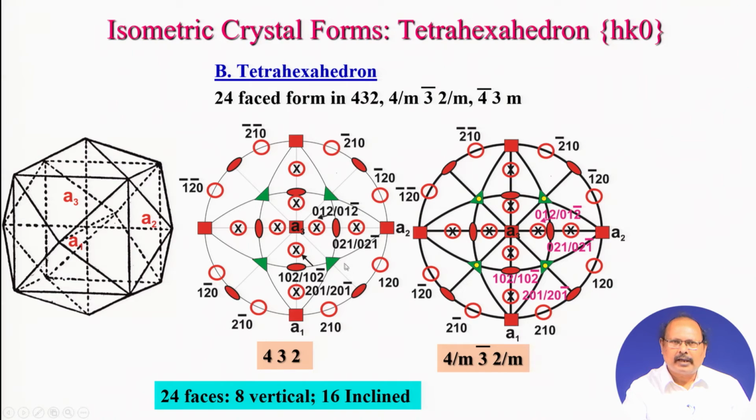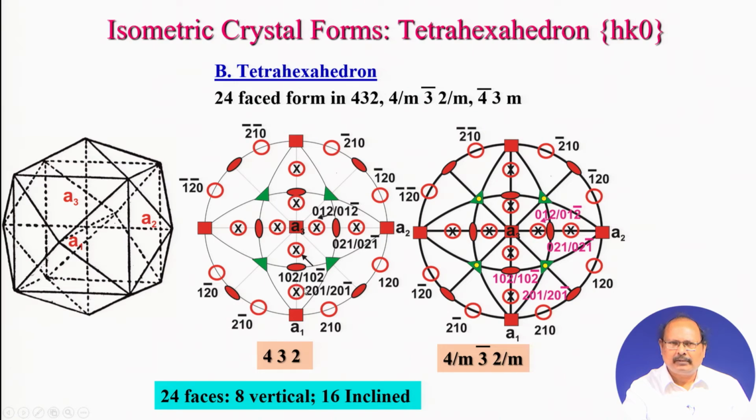As soon as you have this 120, immediately this particular face will be acted upon by this triad, and you will generate another open symbol here, and then this open symbol will be acted upon by this triad and will generate this open symbol here.